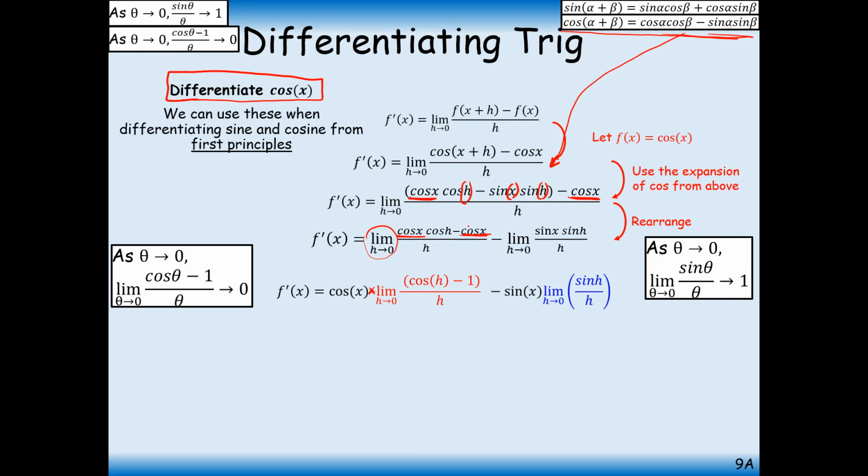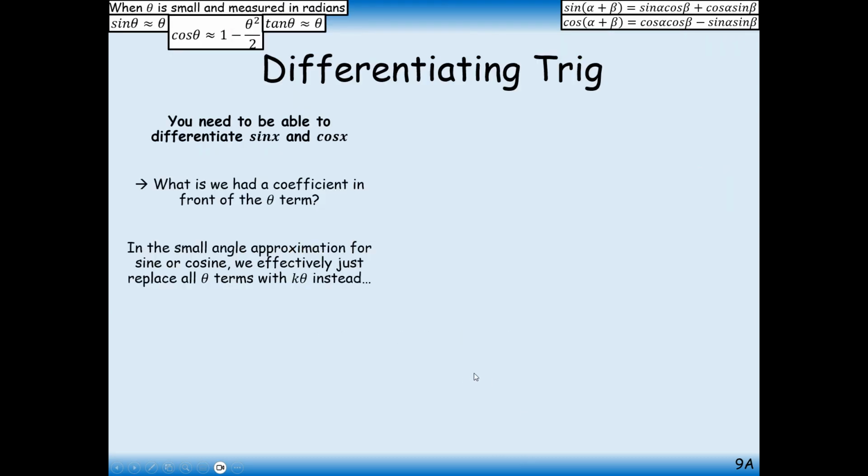I factored these two cosines out and put them at the front, basically. That's what you see in the line below. I wrote another limit as h approaches 0 here, because this expression you should be familiar with by now. It approaches 1, my bad. So this approaches 1 here, and the red expression approaches 0. So what we end up with is the derivative of cos being negative sine of x.